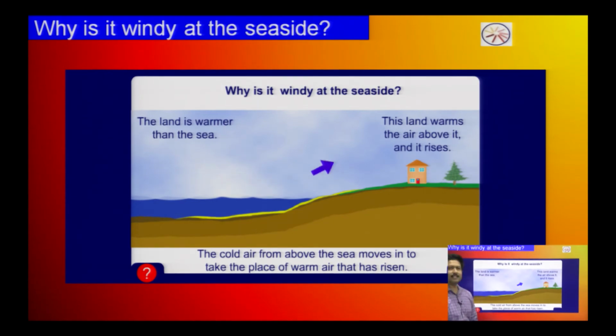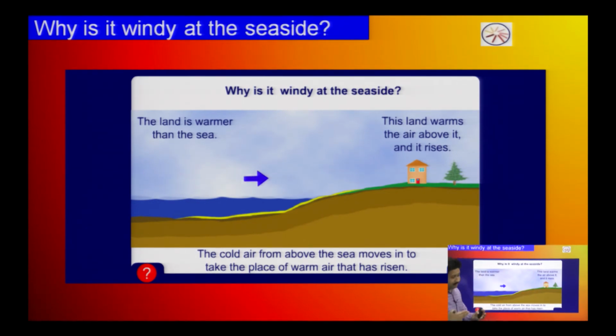Why is it windy at the seaside? See, the land is warmer than the sea. The land warms the air above and it rises. Suppose this is the land and it is very warm. As we all know, warm air rises because of the density reduction.